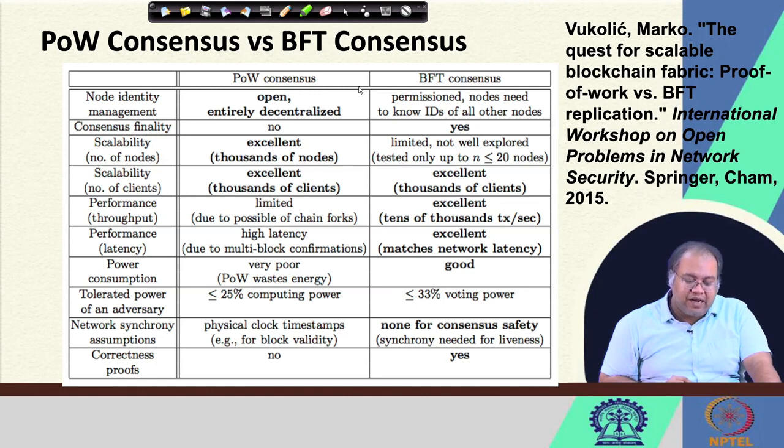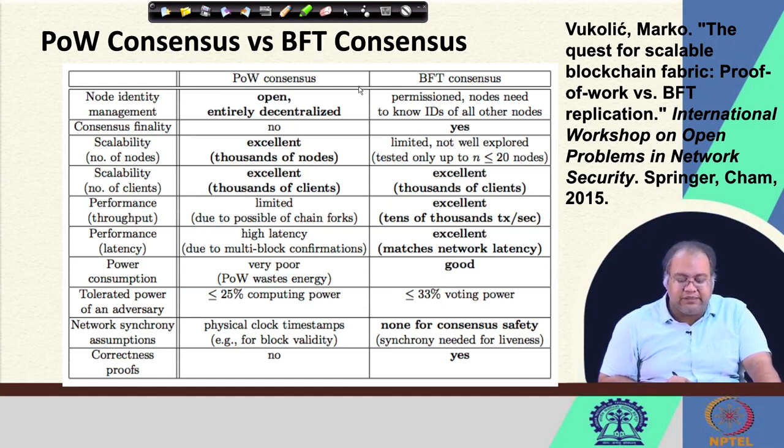Scalability in terms of number of nodes is excellent for proof of work, but it is limited for BFT consensus. Scalability in terms of number of clients is excellent for proof of work consensus, and it is also excellent for BFT consensus, both support millions of clients. If I look into performance in terms of throughput, that means transactions per second, that is limited for proof of work consensus and that is excellent for BFT consensus.